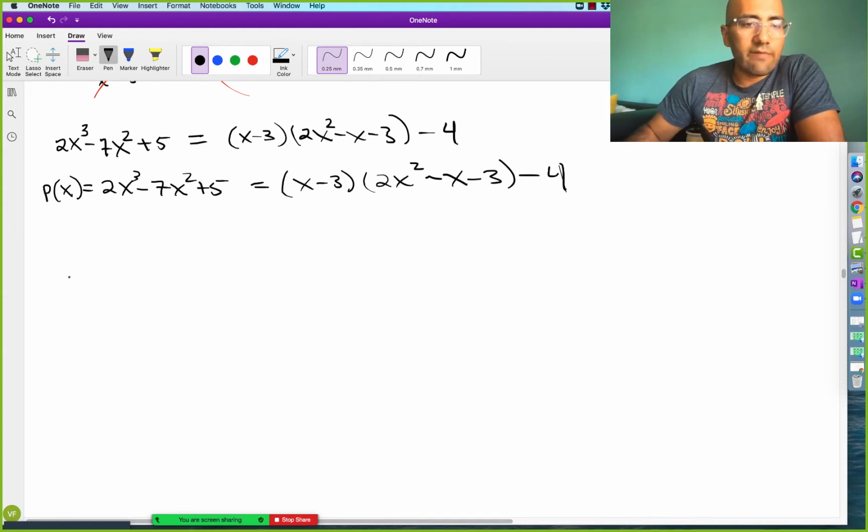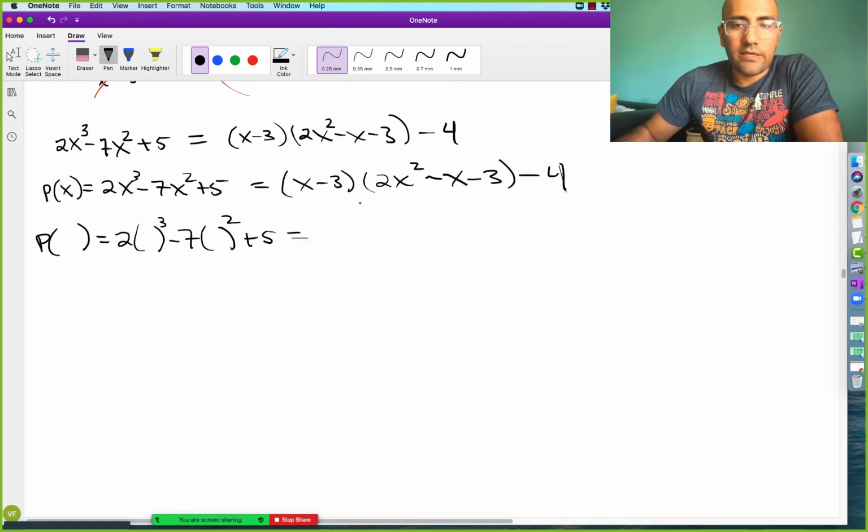So if I wanted to evaluate a new input value x, I can either use this, which is going to be 2 times something cubed minus 7 times something squared plus 5, or I can use this. They're both going to give me the same answer.